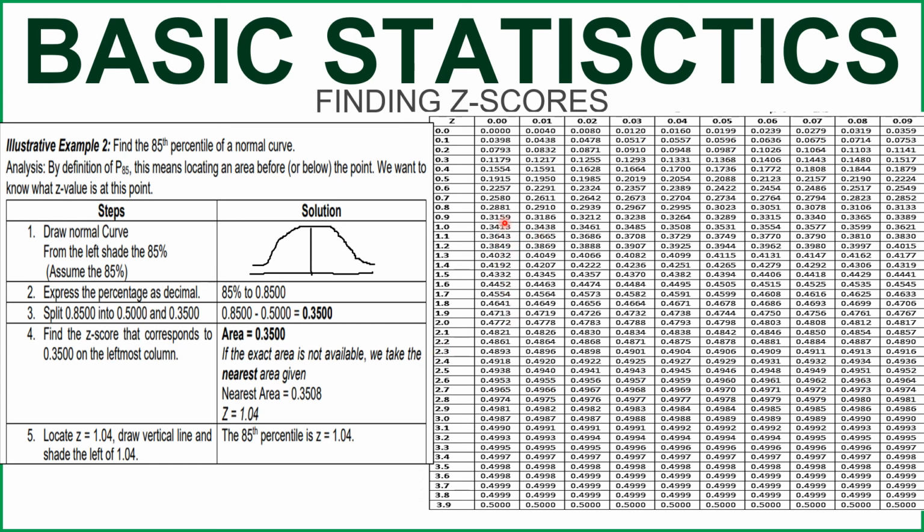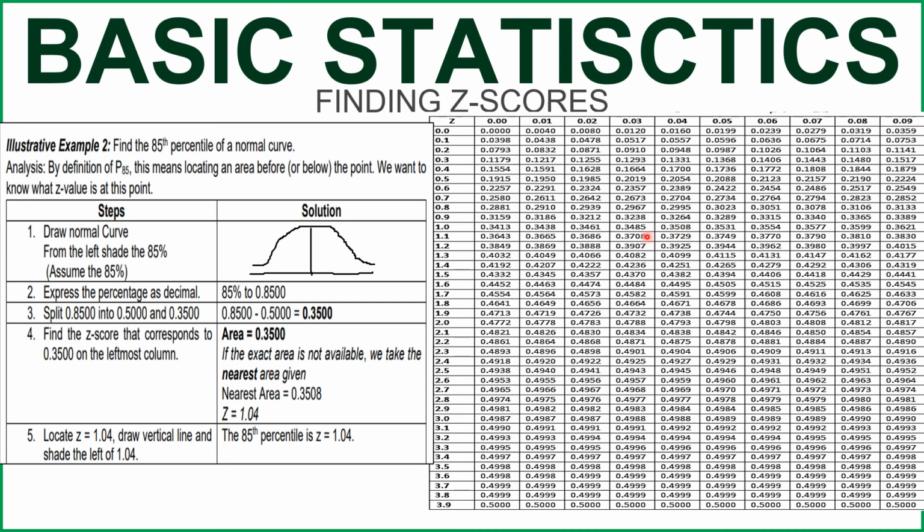So, this is 0.4 and this is 0.6. So, technically, sa taas siguro siya. And we have 0.5, right? So, we have here 0.3485, 0.3508. Technically, mas malapit yung 0.3508.